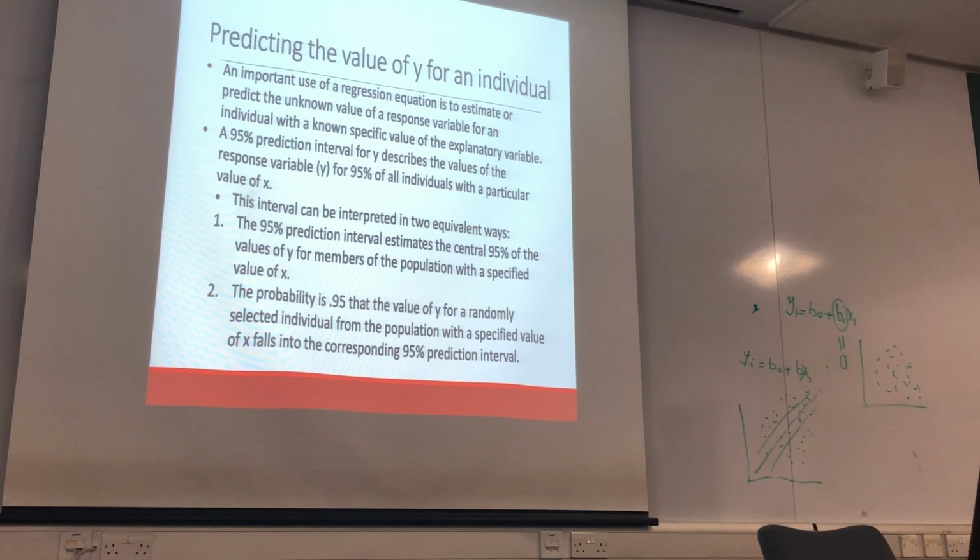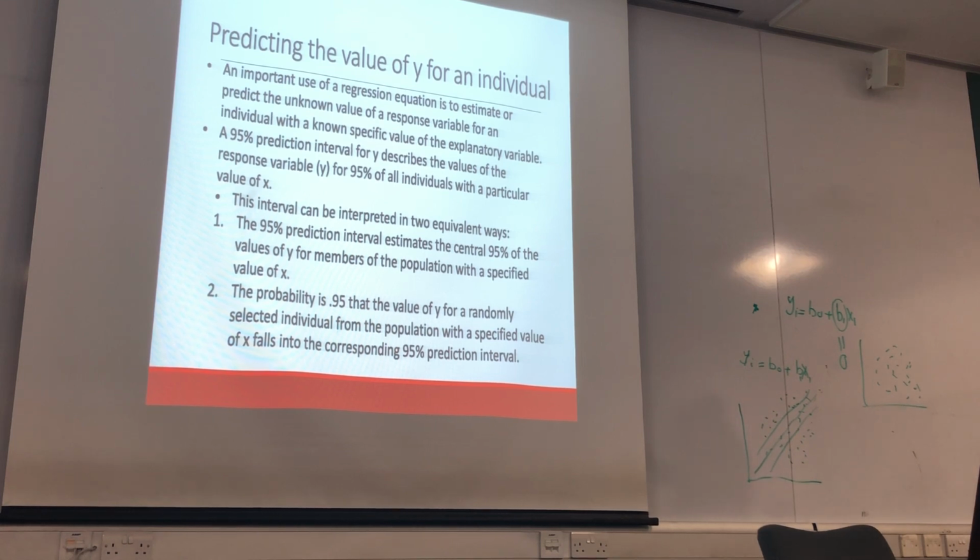Now, we have here a 95% prediction interval that estimates the central 95% of the value of y for members of the population with a specific value of x. The probability is 95% that the value of y for a randomly selected individual from the population with a specific value of x falls into the corresponding 95% prediction interval.